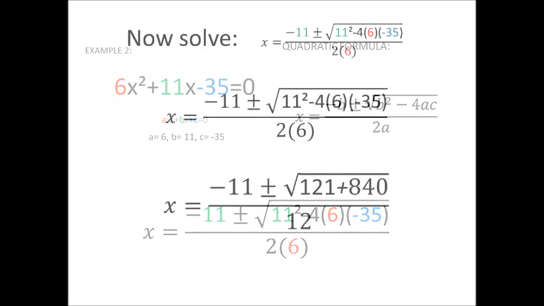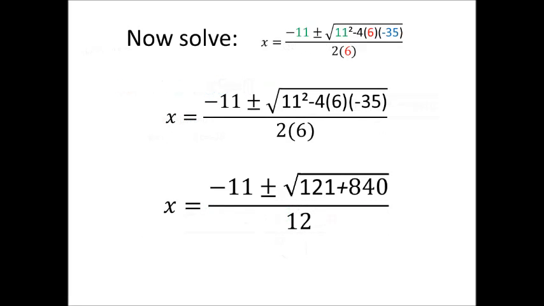Okay, now we can start simplifying our equation, and as always, we're going to start by simplifying the order of operations that are inside our square root. So the first one is the exponent, which says 11 to the second power, which means 11 times 11.